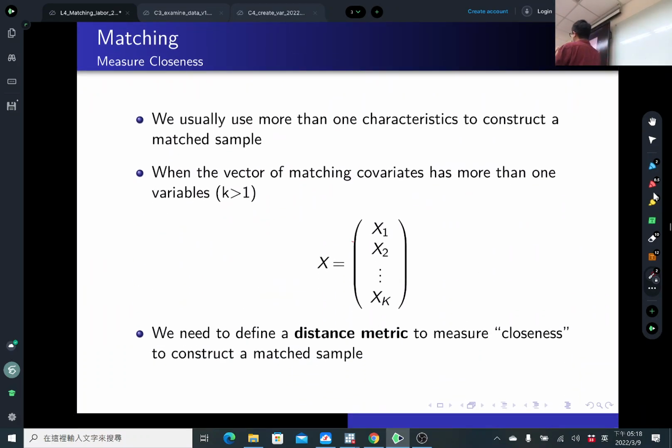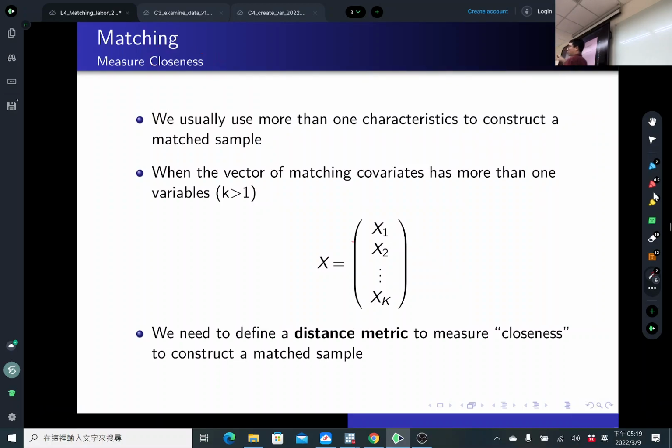So I think so far you should notice there are several problems that might happen. For example, we don't just have one characteristic to match. We have more than one characteristic. In practice, we might have 10 variables where we need to find the closest value for the treatment group. So in that case, we might need some way to measure what we mean by closeness.